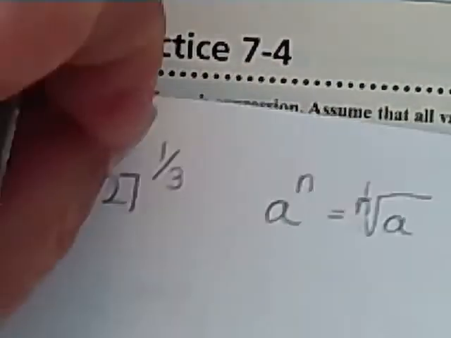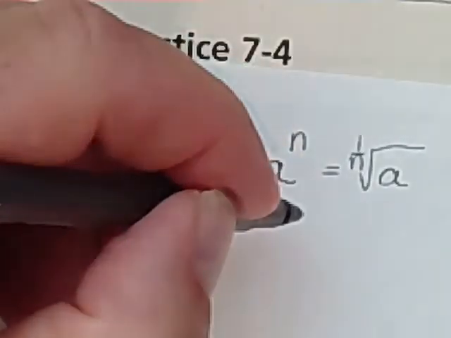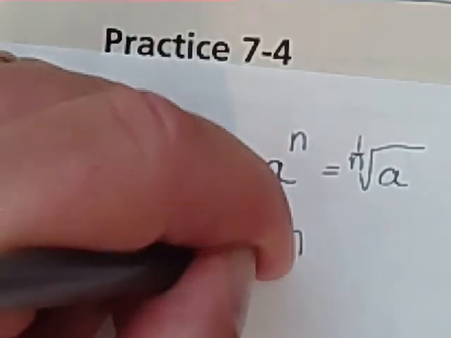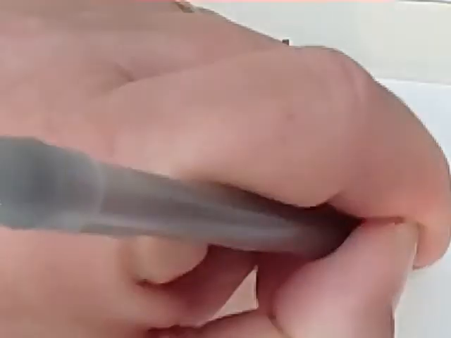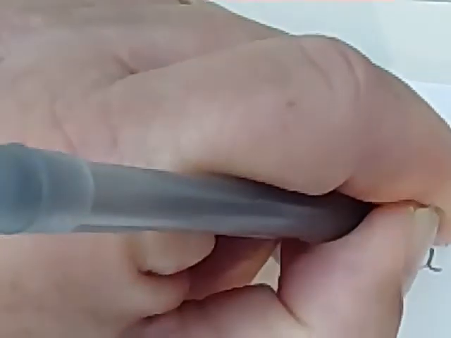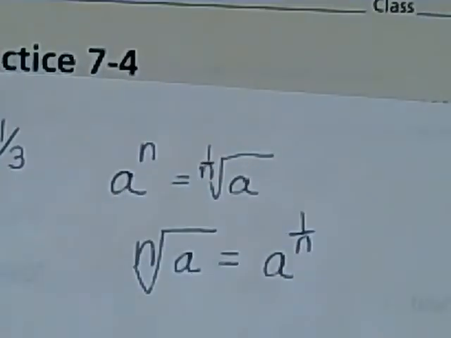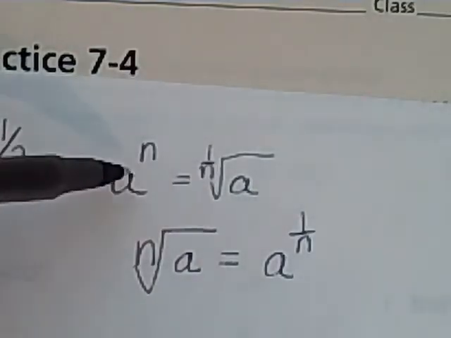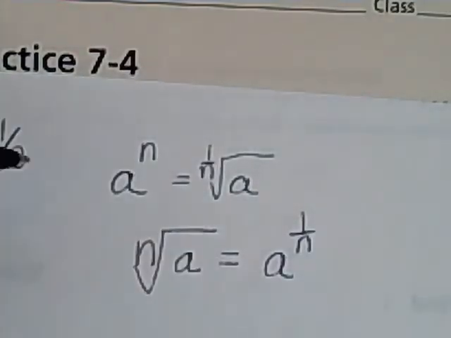Let's do it this way. The nth root of a is equal to a to the 1 divided by n power. Okay, this is technically correct, but this looks better.